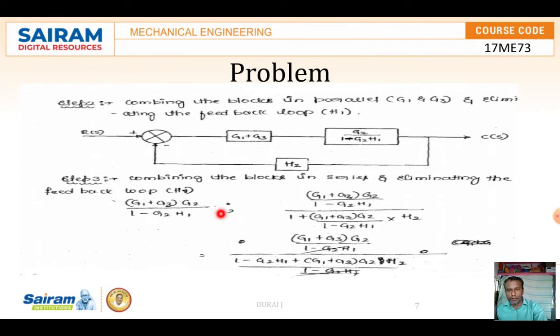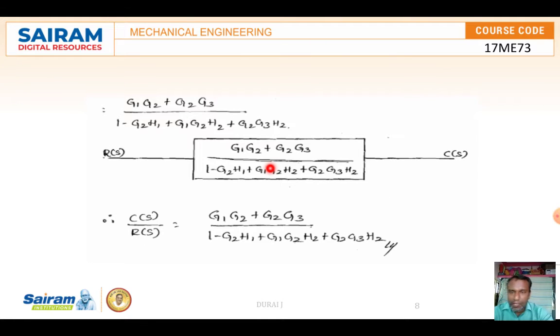If you eliminate these two, you get the final answer as G1 G2 plus G2 G3 by 1 minus G2 H1 plus G1 G2 H2 plus G2 G3 H2. So C of S by R of S is G1 G2 plus G2 G3 divided by 1 minus G2 H1 plus G1 G2 H2 plus G2 G3 H2.